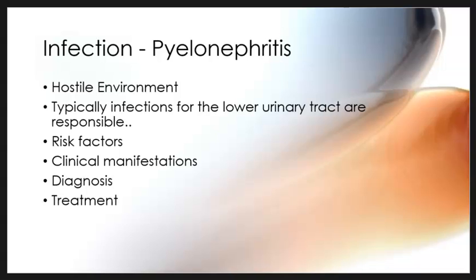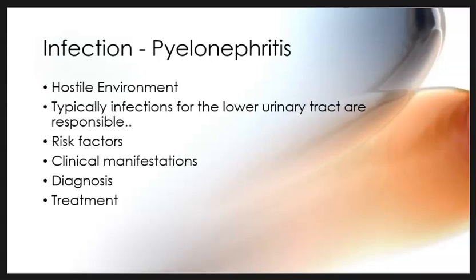Some clinical manifestations of acute pyelo are sudden, and may include fever, chills, CVA tenderness, dysuria, and urgency and frequency of urination. Chronic pyelo symptoms may be more vague or similar to that of acute pyelo. Diagnosis is suggested by UA results, or urinalysis results.